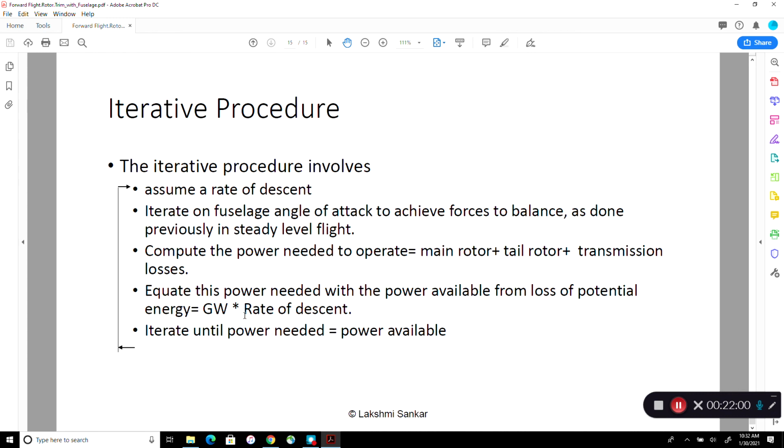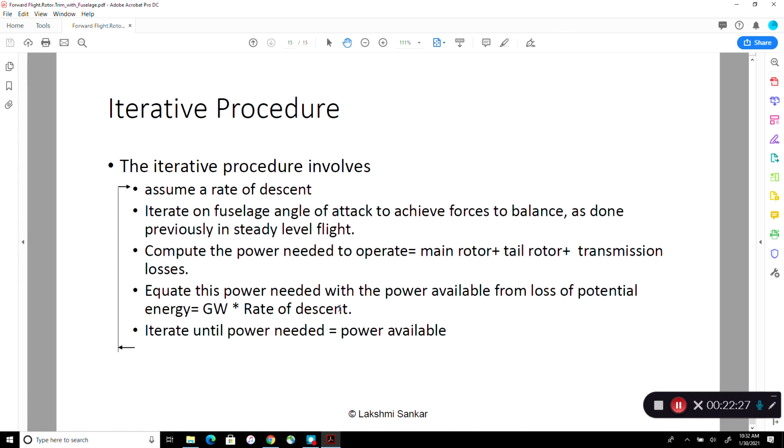Not only rate of descent converges, fuselage angle of attack converges, main rotor thrust, alpha tip path plane, tail rotor, everything is converged. So this is the process that is used when we are descending under either partial power or under no power from the engine. If it's partial power, this loss of potential energy is only to partially overcome the power.